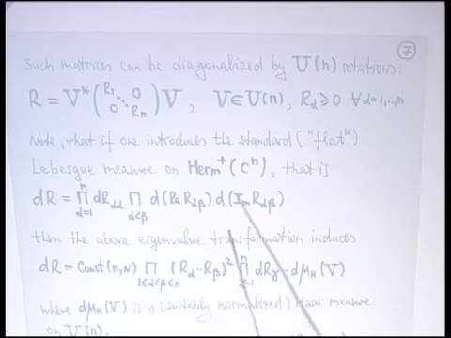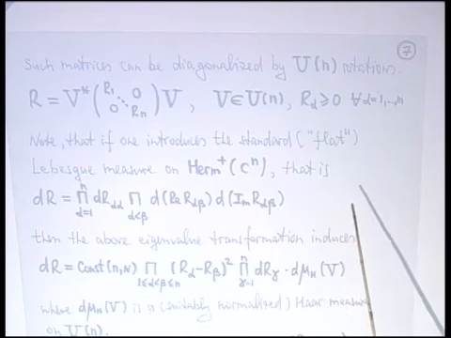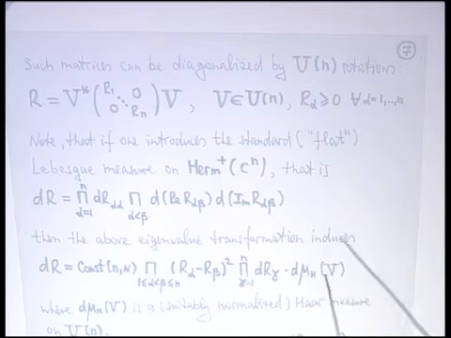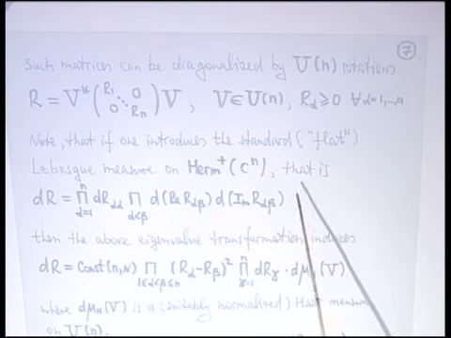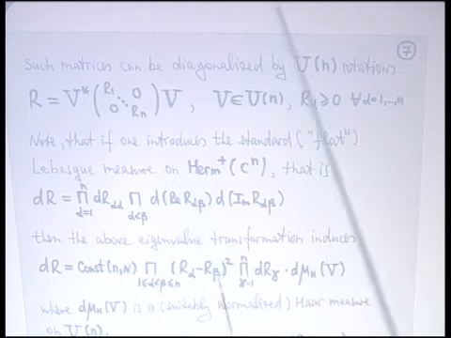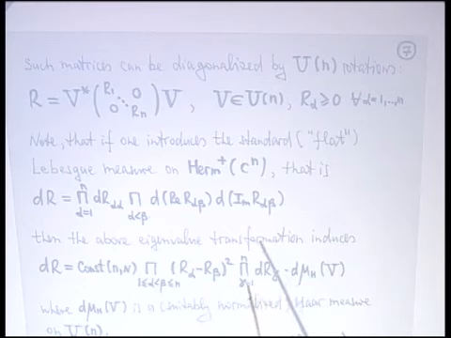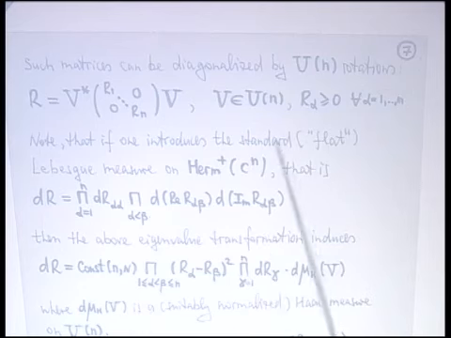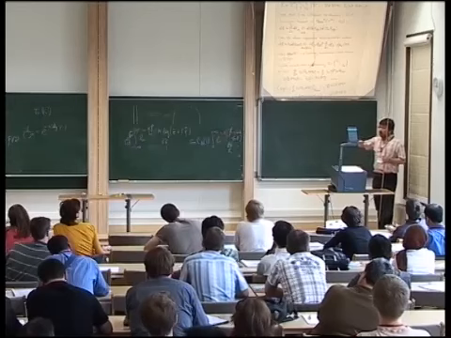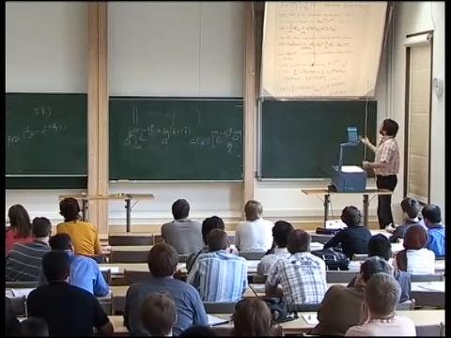Now we can ask ourselves the following question. Let us introduce the following Lebesgue measure in the space of all Hermitian positive definite matrices. Let us introduce it in our familiar way as a flat measure. This is called in the literature the flat measure, just the product of all differentials of all independent degrees of freedom or entries.